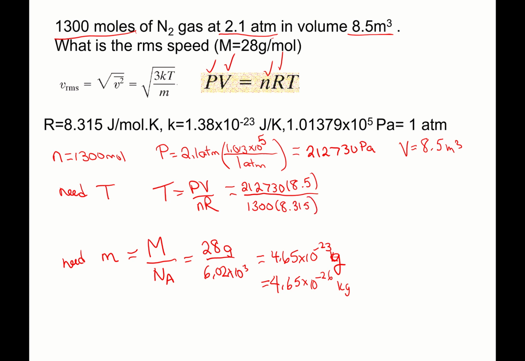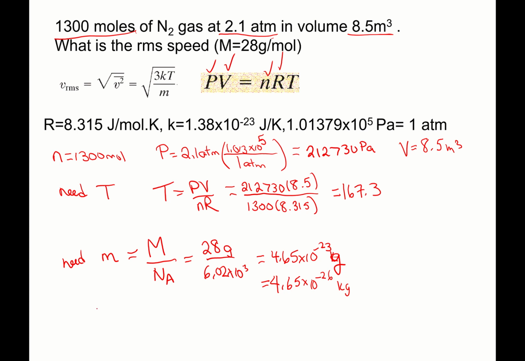And so I get my temperature is 167.3. This is a problem where I've pulled in the ideal gas law and the thermal speed at the same time. All right, so I've got T, I've got m.